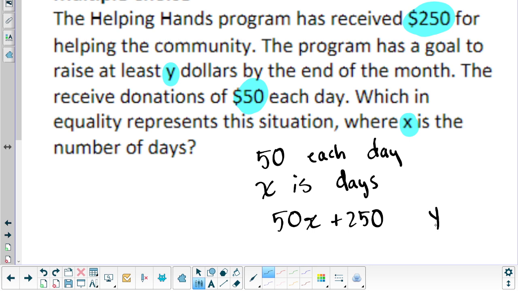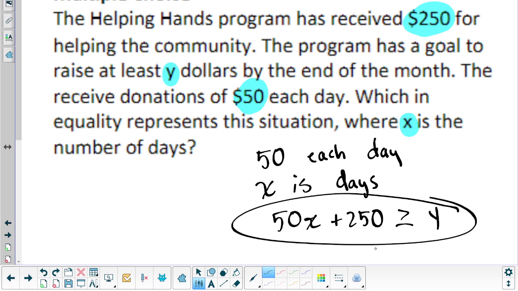Y is just some random amount, so we leave it as Y. But since I want to raise at least Y dollars, I know that my total value, the 50x plus 250, hopefully is greater than Y, but because it says at least, I'm also satisfied with meeting exactly Y. So the greater than or equal to sign represents this, because the total amount of money, $50 per day, since X is days, plus the 250 grant that I got for helping the community, hopefully is greater than or equal to, in other words, at least Y dollars.